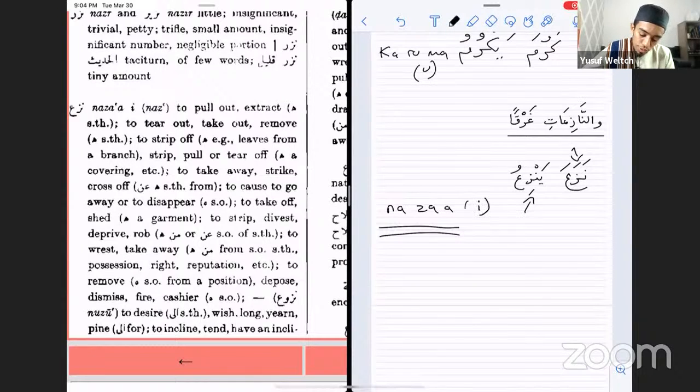The only thing we're missing now is the root noun, correct? We know it's form 1, so we have to find it from the dictionary. It says in English that the apostrophe is for the ayn, that it ends in ayn. How would you say that?